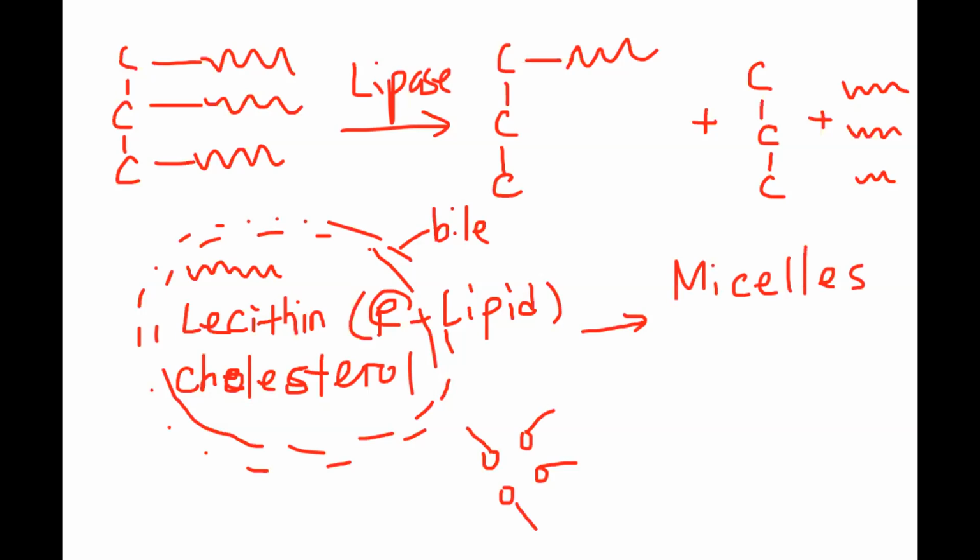The head has no charge, so they kind of go together. They have a force to attract each other. And the tails have the negative charges, they're facing the watery fluid. This is a relatively stable structure. That is called a micelle.